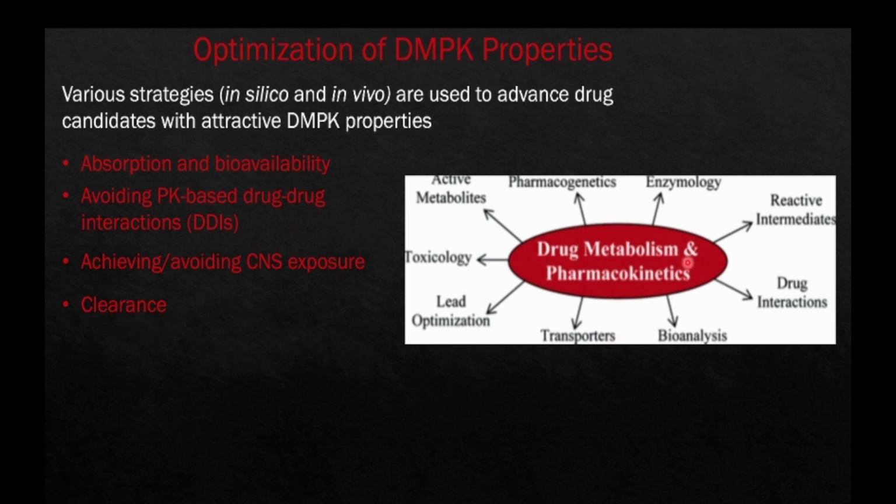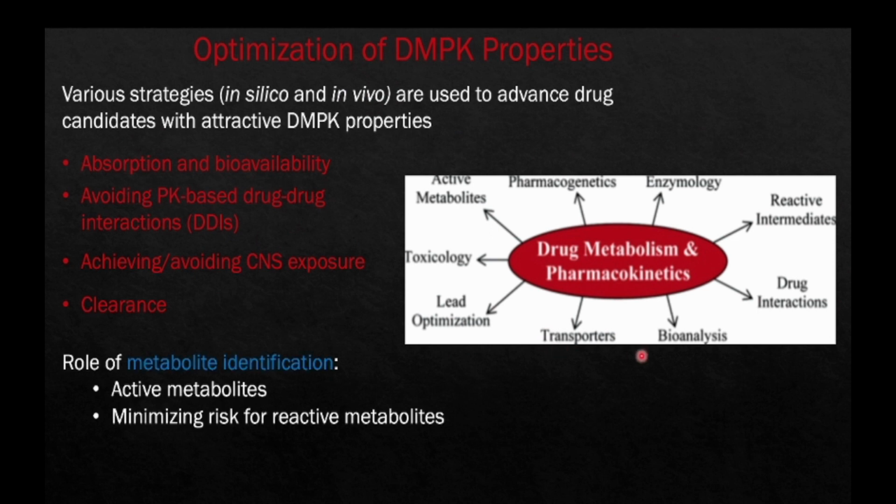When we look at drug metabolism and pharmacokinetics, we're going to look at different aspects, for example drug interactions, reactive intermediates, enzymology, pharmacogenetics, active metabolites, toxicology, and lead optimization, as well as transporters and bioanalysis. So it includes a whole branch of things.